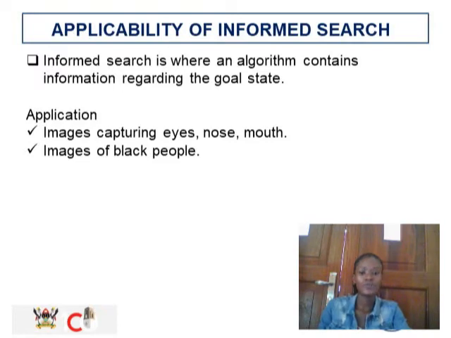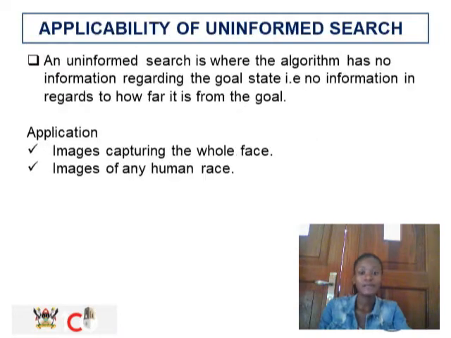Then we go to the applicability of uninformed search in our project. Uninformed search is actually the opposite of informed search. Here there is no information regarding how far the goal is.